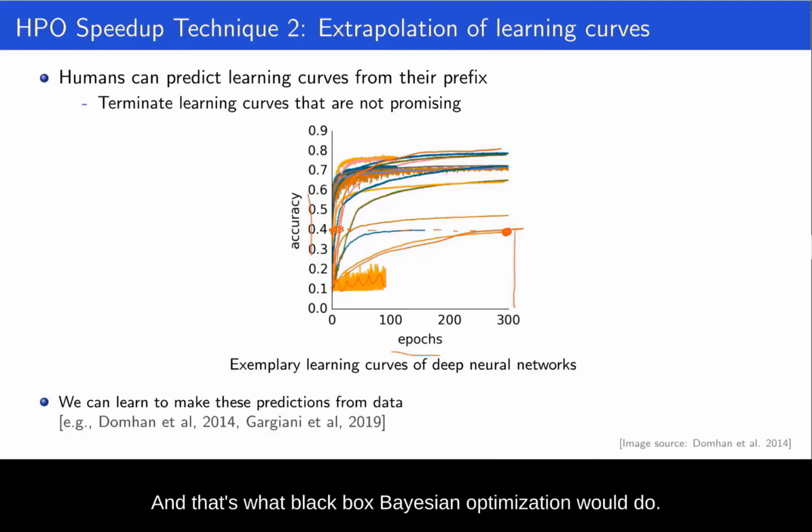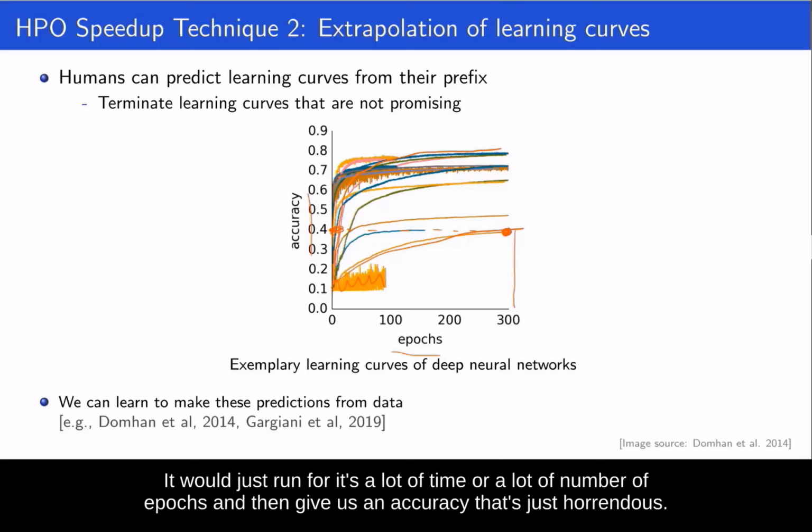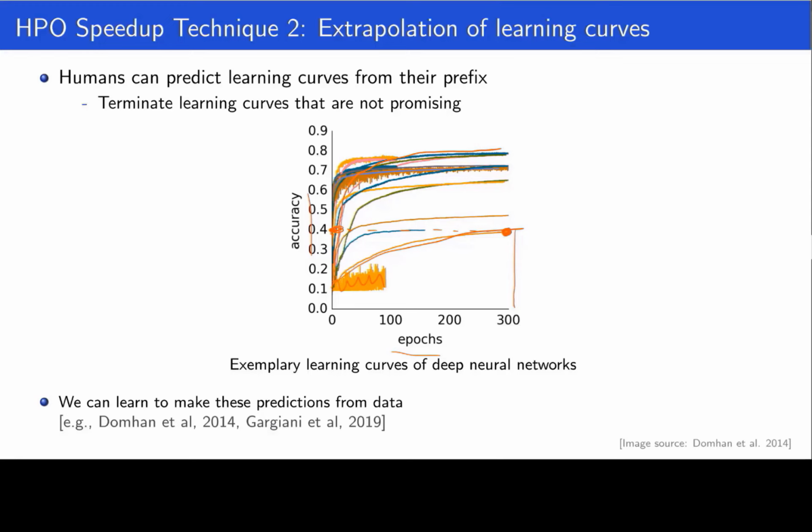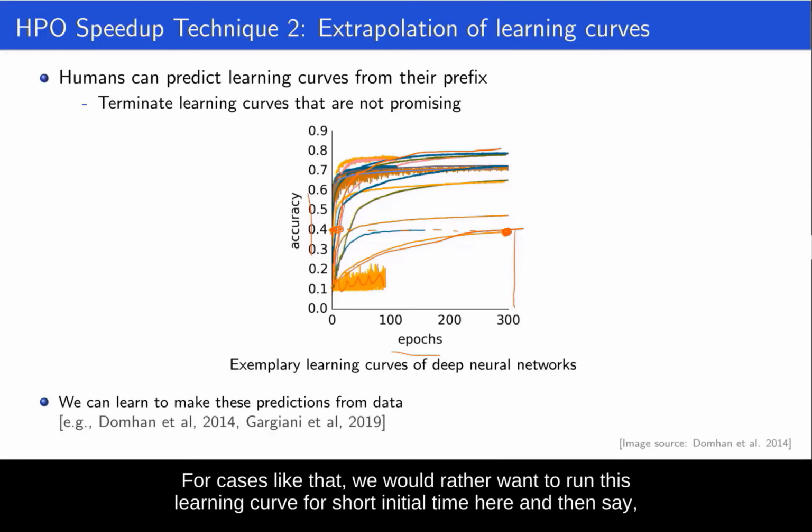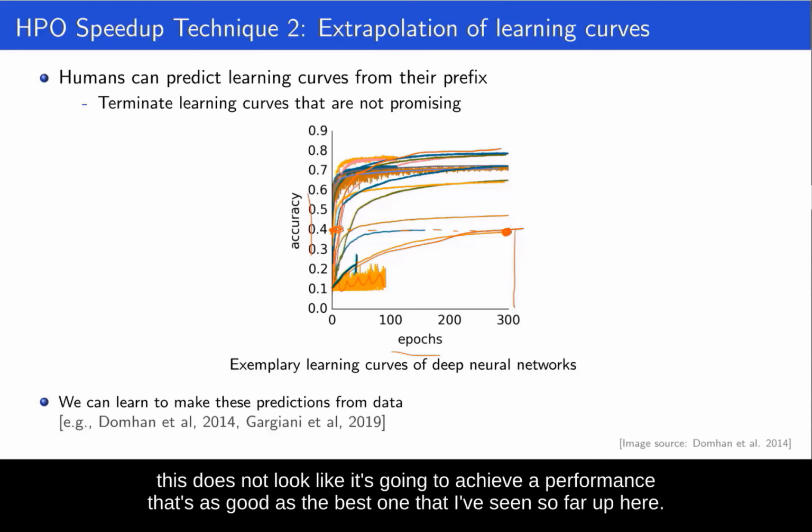And that's what Blackbox Bayesian optimization would do. It would just run for its allotted time or allotted number of epochs and then give us an accuracy that's just horrendous. For cases like that, we would rather want to run this learning curve for a short initial time here and then say, this does not look like it's going to achieve a performance that's as good as the best one that I've seen so far up here.